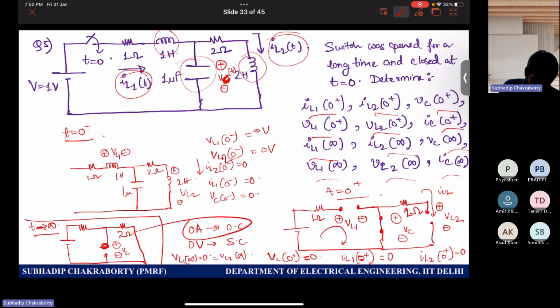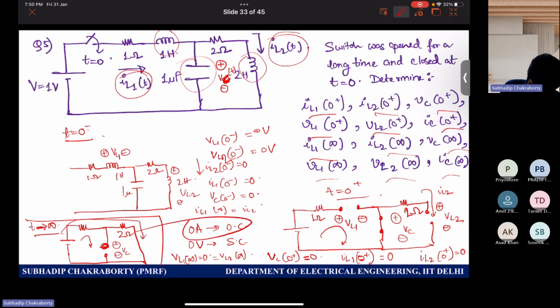And what about the currents? What is IL at infinity? Because IL1 at infinity and IL2 at infinity are both the same, right?